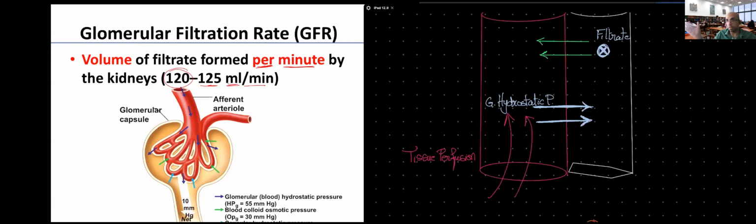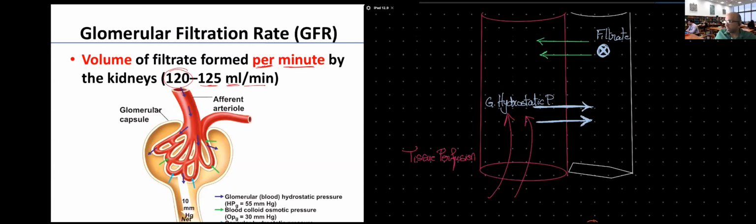So in the blood, I have a hydrostatic pressure called the glomerular hydrostatic pressure. And in the Bowman's capsule, I have filtrate, which is fluid. And this fluid also is going to be trying to move to the opposite side. So what do we call this fluid on here?